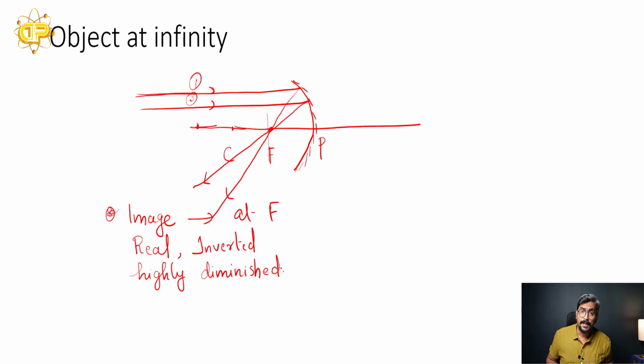The next thing is that it is real, because the reflected rays are meeting in real. And all real images are inverted, and it is highly diminished, because here you can see it is point size. So these are the properties in this particular case.